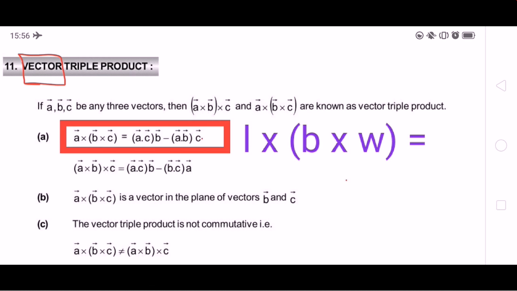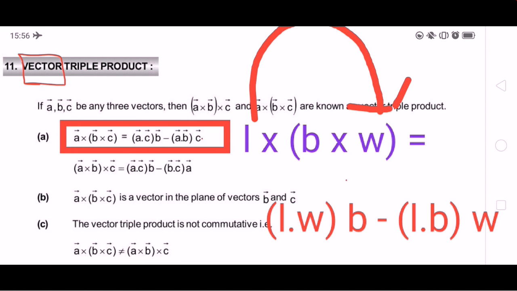For example, you play LBW thing, right? Let us use that. So if we have L cross B cross W, then who is outside? L is outside. So who will it combine with, the B or W? Yes, obviously W is away, no? So obviously L dot W B bar minus. Now next L dot B W bar. Otherwise you can use W dot L B bar or B dot L W bar.